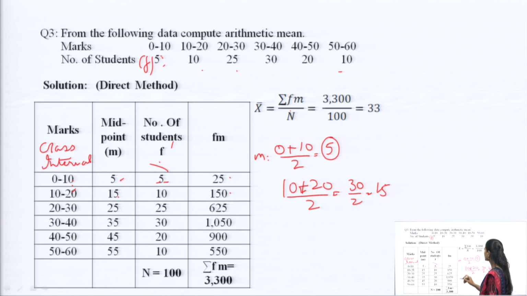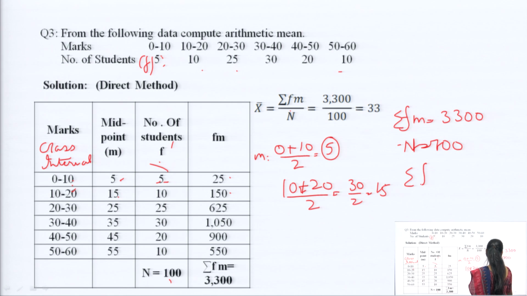That means, if I put this into my formula, which asks me for summation of fm, I will put this value 3300 here. So summation of fm is equal to 3300, n is equal to 100.